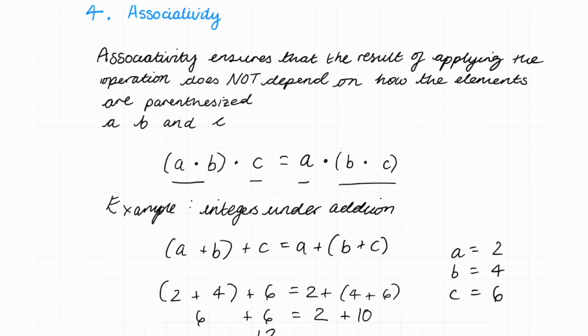And we can see that 12 is in fact equal to 12, and the integers under addition do have associativity. And now you can do the same thing for multiplication to prove that the multiplication operation for integers is also associative.